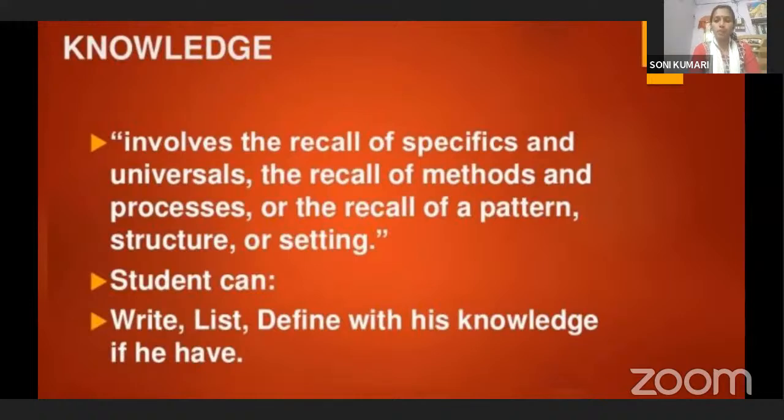Now, knowledge involves the recall of specifics and universals, the recall of methods and processes, or the recall of a pattern, structure, or setting.